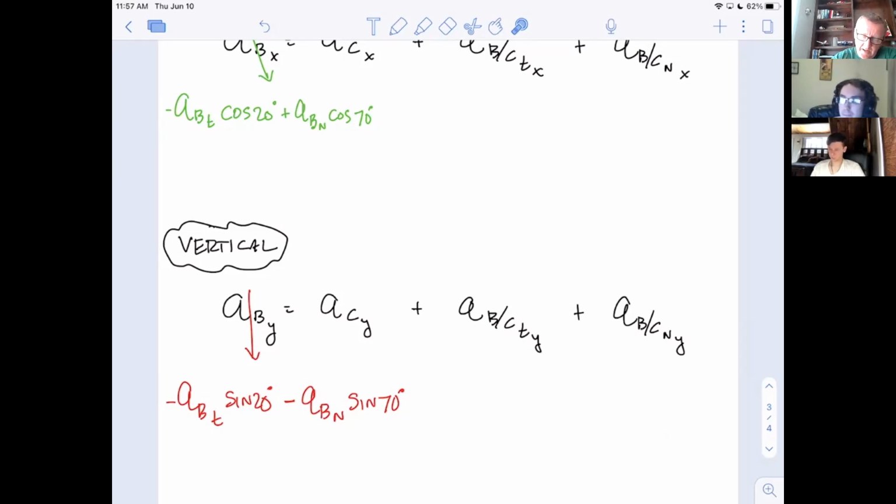So for that reason, I'm going to be able to rewrite these 2 terms as just BCT, but because this was X and it was going right, that would be positive, which I think I'll just leave off, but modified by the cosine of 28, whereas for the Y coordinate, it's modified by the sine of 28, but it was negative because it was going down.